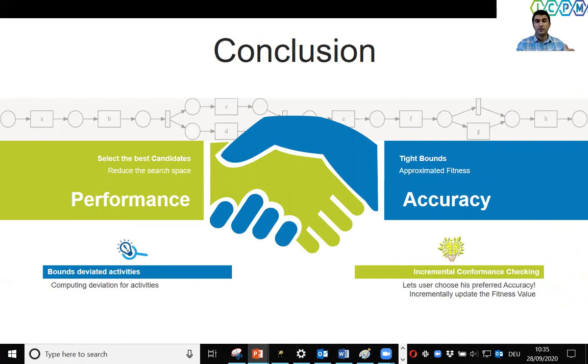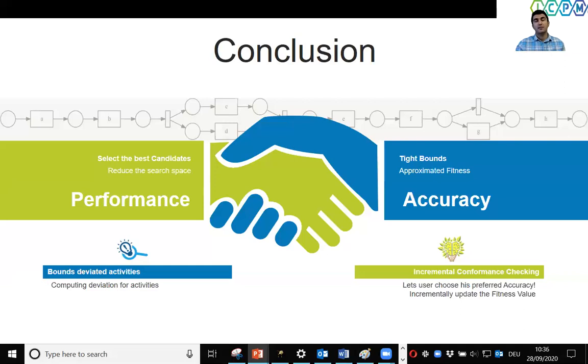A very good advantage of our proposed method is that it is independent from the simulation method and also the process model notation. So we can also apply this method for BPMN models or fuzzy graphs, or even the cases where we don't have any process models.